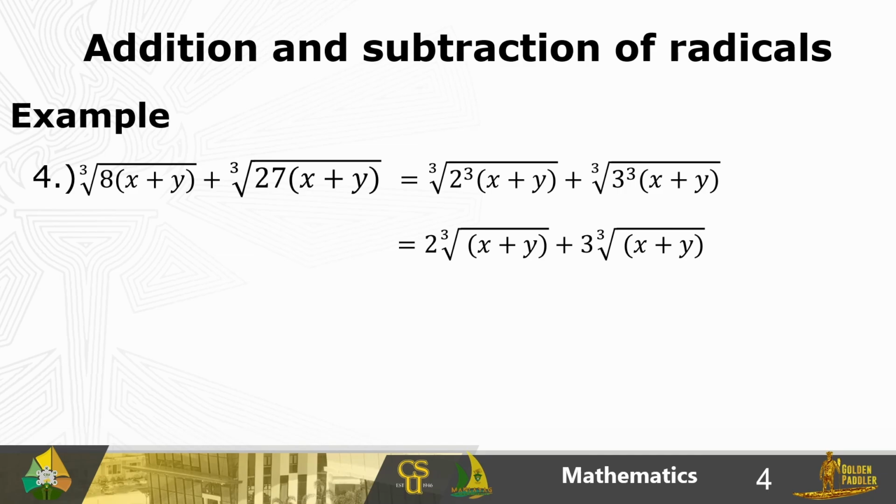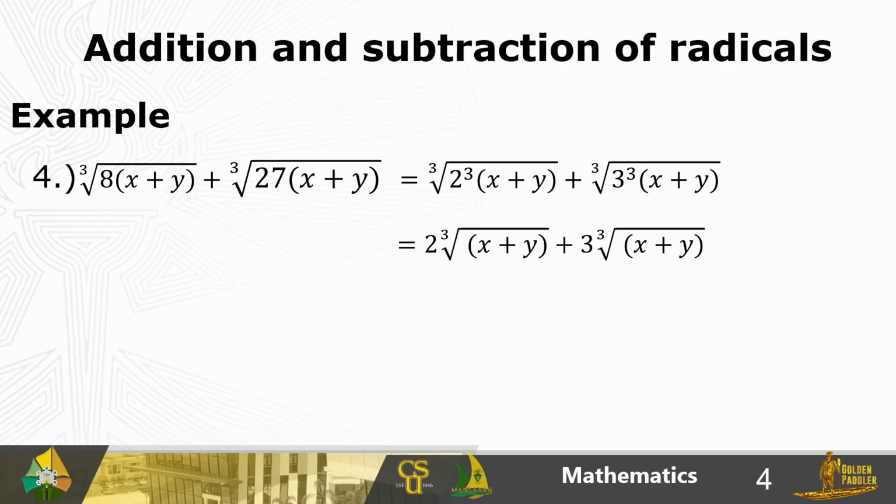The cube root of 2 to the cube is equal to 2, and the cube root of 3 to the cube is equal to 3. As you notice, we have the same index and the same radicand. The radicand is x plus y for both terms, and the index is 3, so we can add.